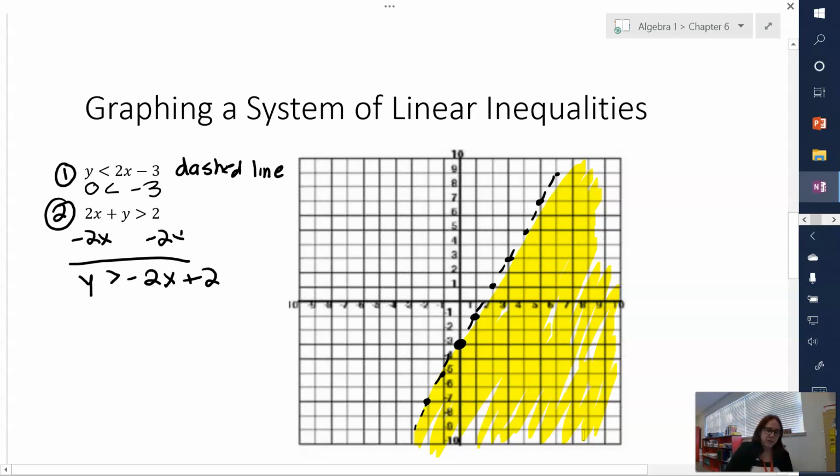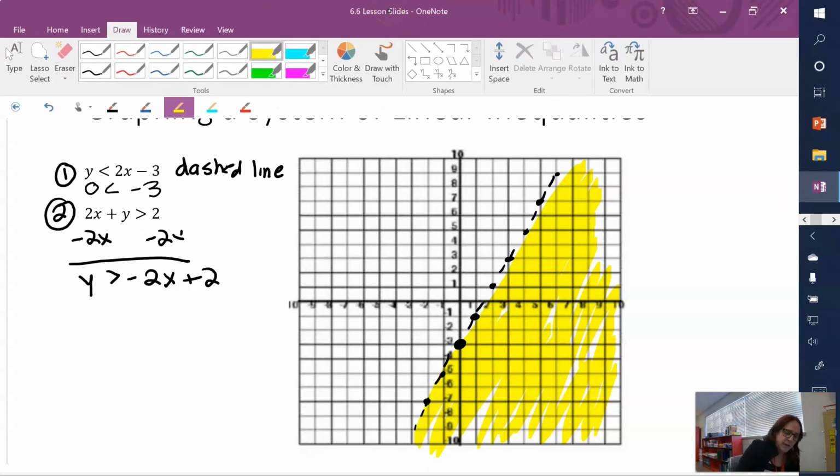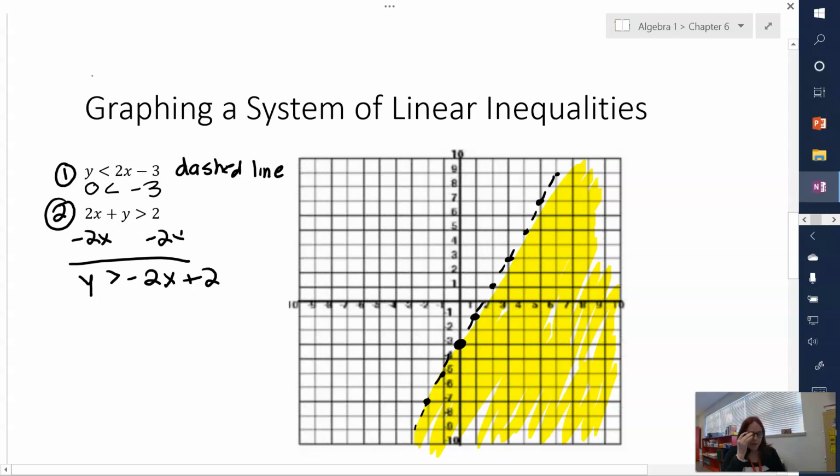Now I'm going to do my second inequality. I have a y-intercept at plus 2 right there. My slope is negative 2, so I'm going to go down 2 and to the right 1. And I am going to plot some extra points just to make it a bit easier for me.